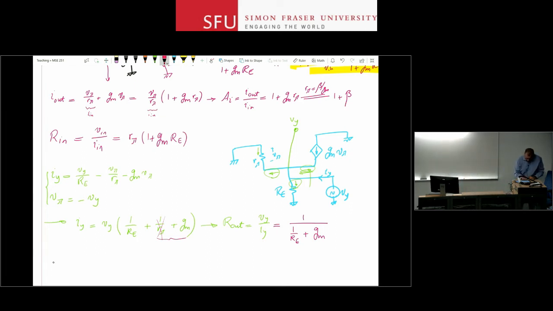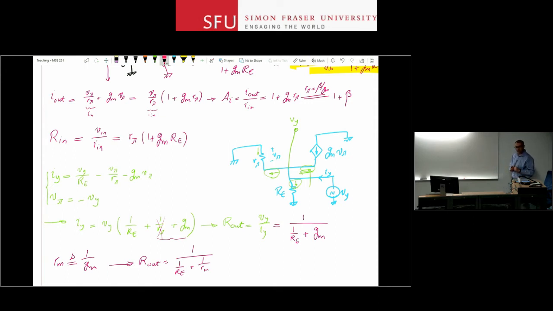So let me call it Rm and define it as 1 over Gm. It's just a variable that I use to make that equation look nicer in a second, of course. And in that case, then I can show that R out is 1 over Re plus 1 over Rm. Okay? And Rm being 1 over Gm.